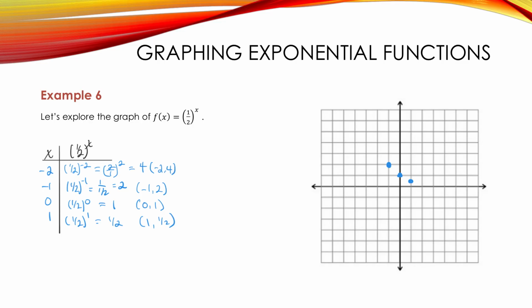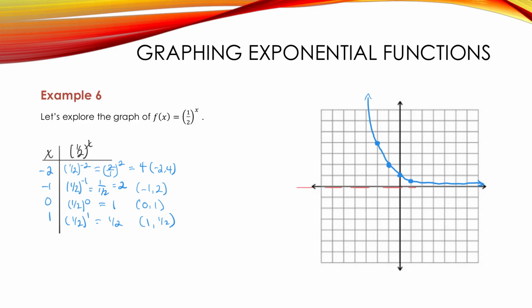So we have the point -2, 4. So it'd be up here. So does it look like it is decreasing? Absolutely. It's coming down, coming through and across, and getting closer and closer to 0 without ever actually touching it. So what else do we see? Well, we know that we've got our horizontal asymptote at 0.